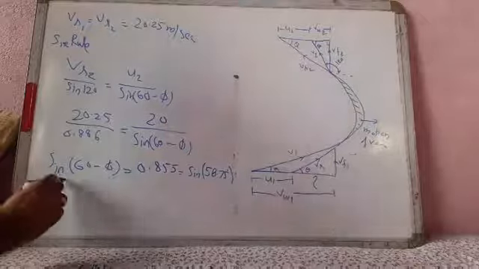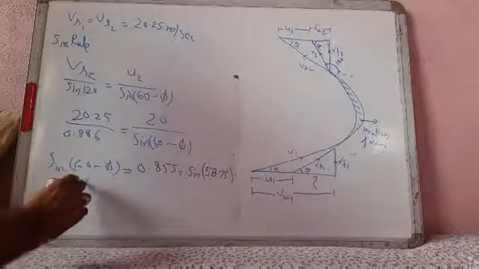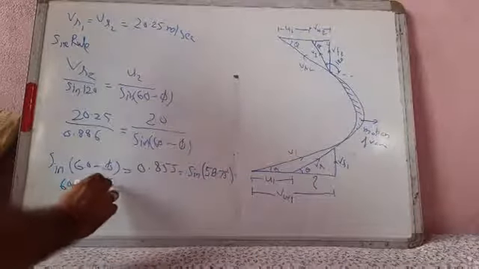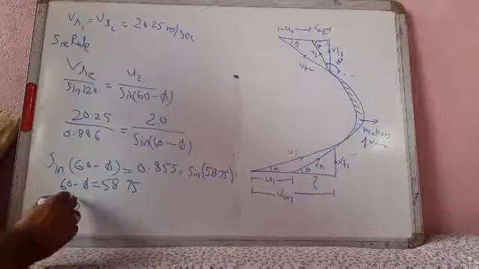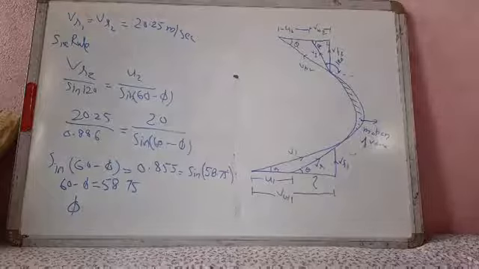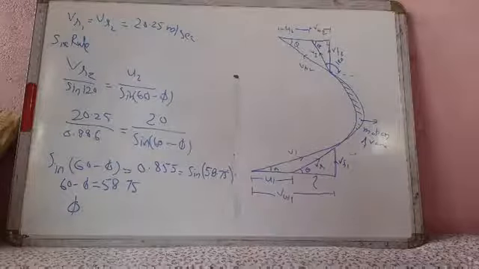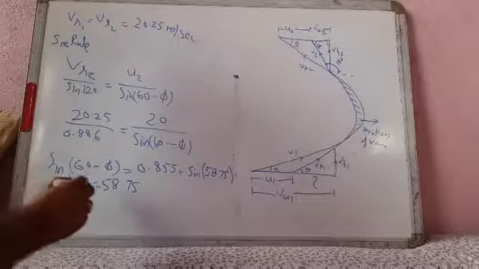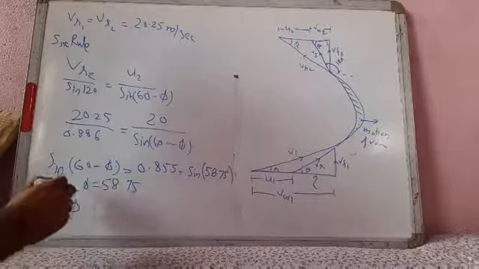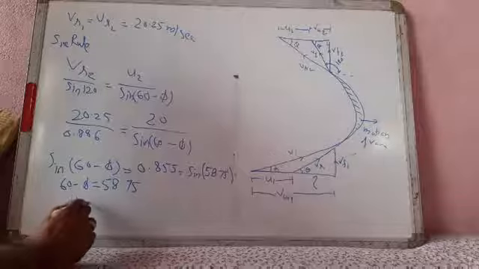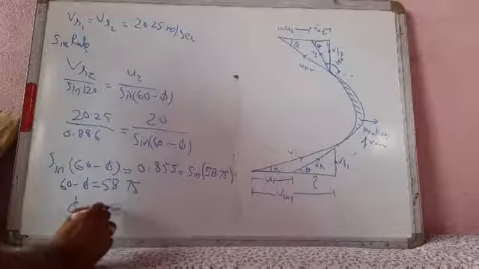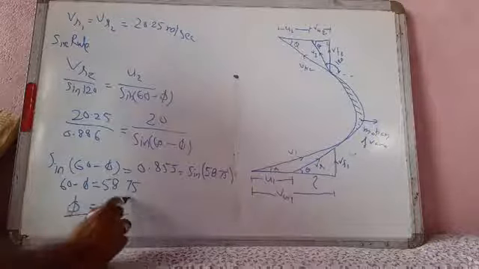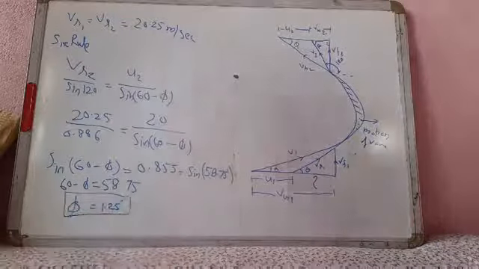So 60 minus phi equal to 58.75. So the value of phi is equal to 60 minus 58.75. So this value comes phi equal to 1.25 degree.